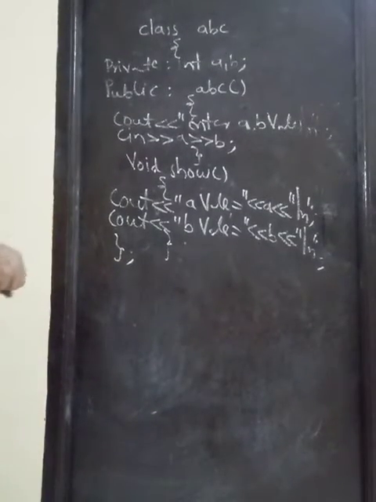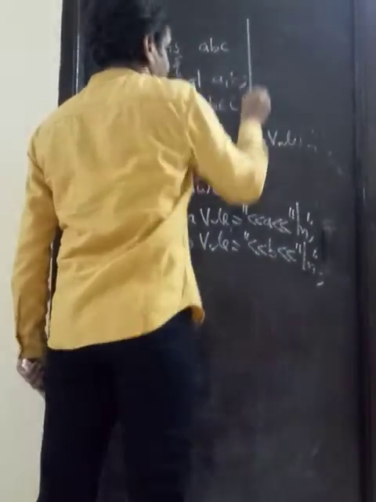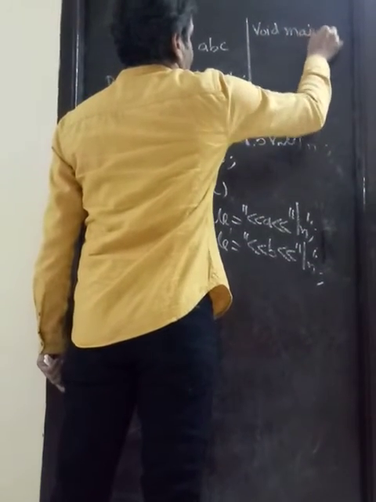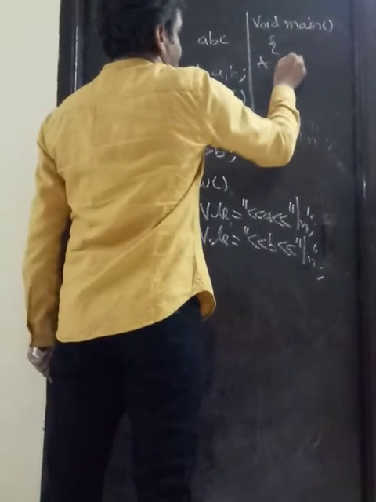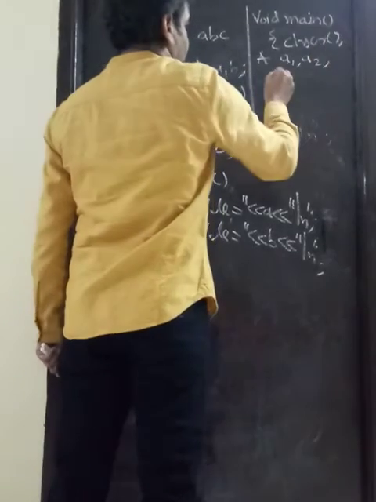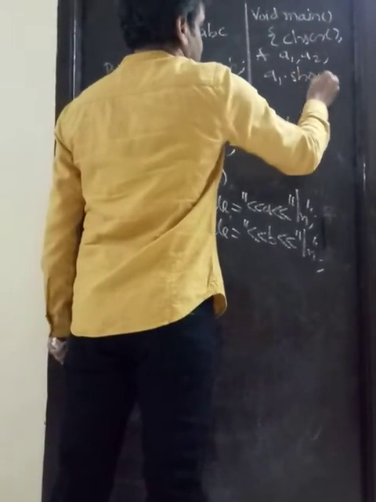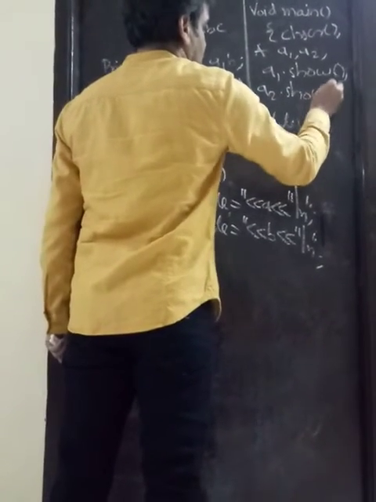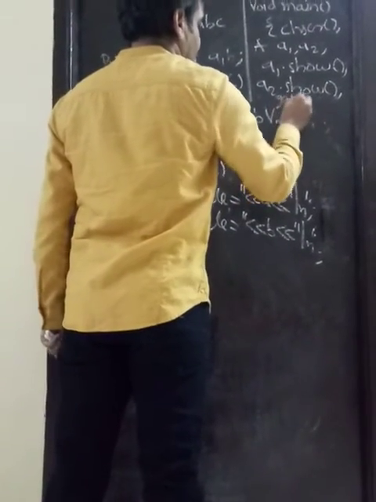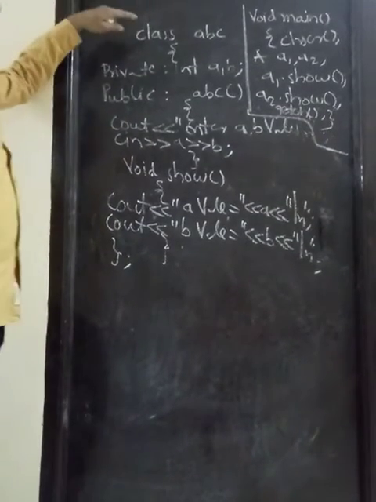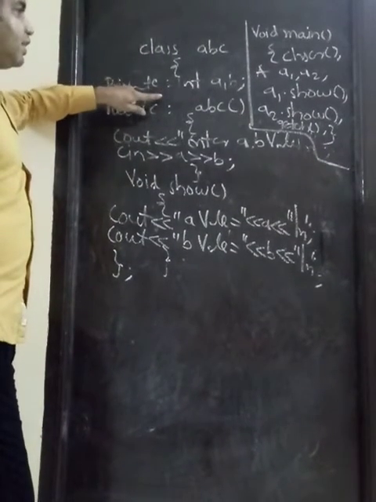So now I am creating objects. I am taking the class name as ABC, with private integers a, b.